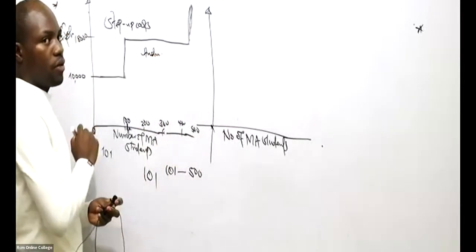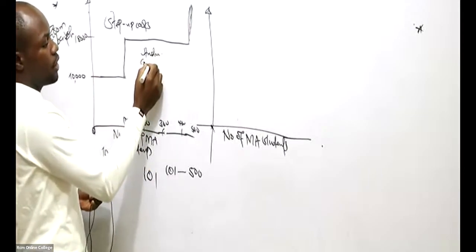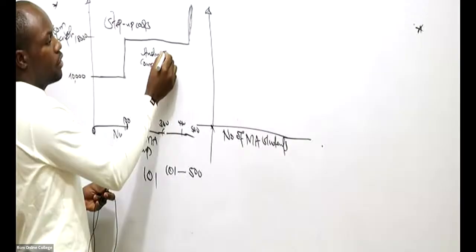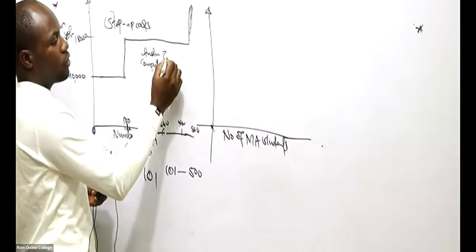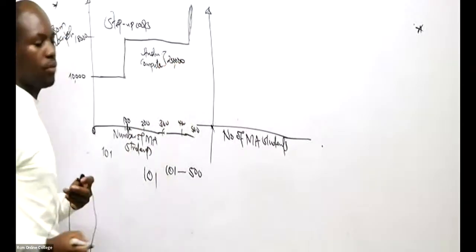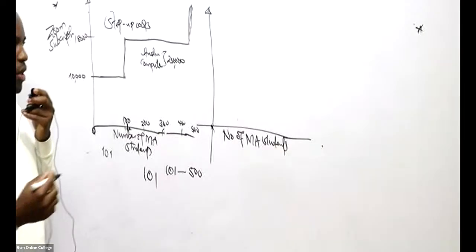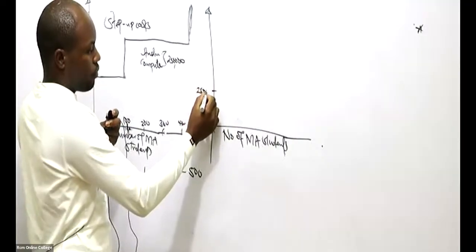Right? With the studio, we also need, of course, the computers and all that. So computers, that's a one-time cost. Computers, right? All these put together, the company will incur a cost of, let's say, 250,000.